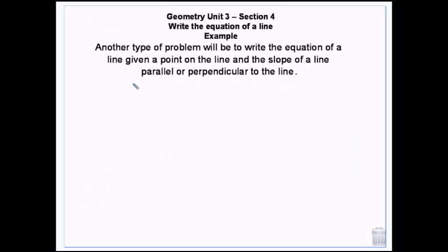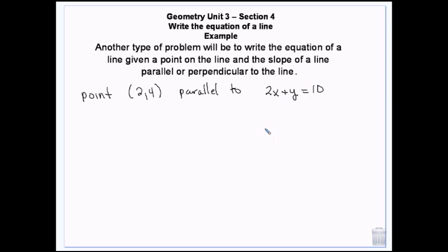Another thing that will happen is you'll get the equation of a line given a point on the line and a line parallel or perpendicular. So let's say I give you a point 2, 4, and I say parallel to 2x plus y equals 10.